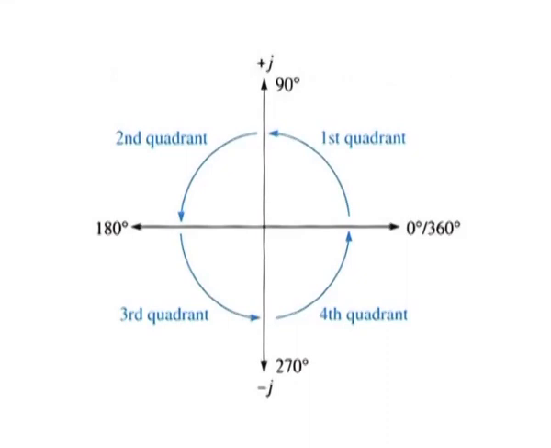The negative real axis represents 180 degrees. The minus j axis is the 270 degrees point, and after a full rotation of 360 degrees, you are back to the positive real axis. Notice that the plane is divided into 4 quadrants.